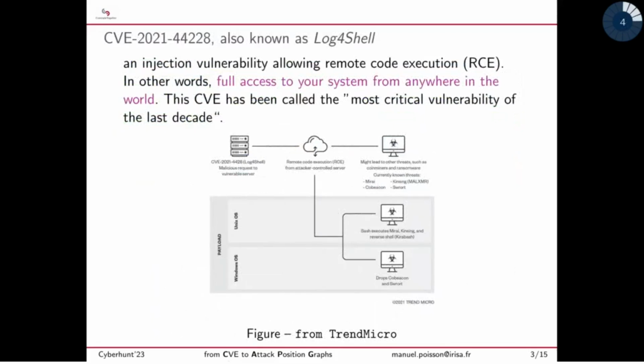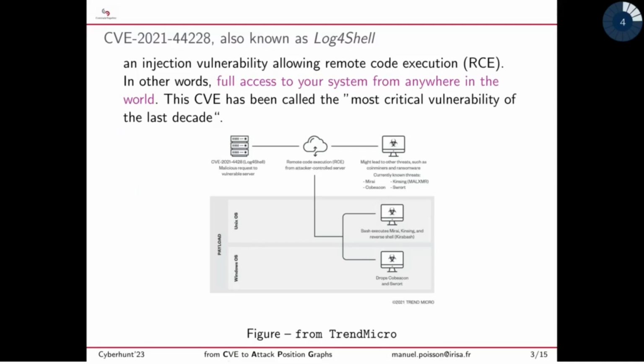Here, for example, the vulnerability identified by CVE-2021-44228, which is also known as Log4Shell, is an injection vulnerability that can allow an attacker to have remote code execution.